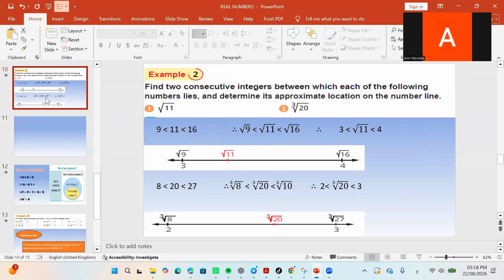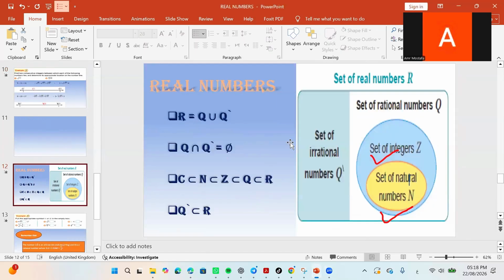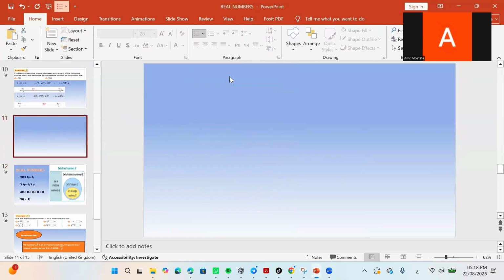This is the next question which we solve now. And this is the Venn diagram which clears the relation between Q rational and Q dash irrational.